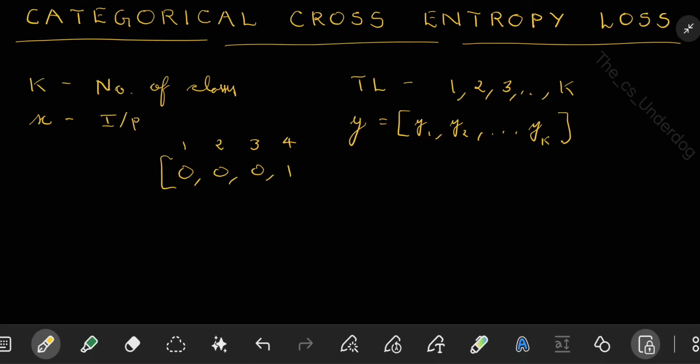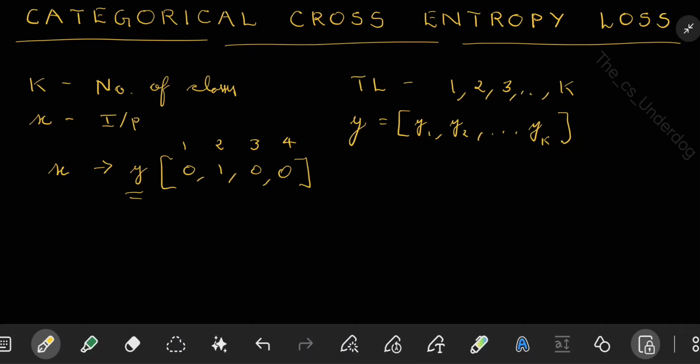So let us say this is your one-hot vector. This means, let us say you have some input x, and corresponding to this x, y, that is your one-hot vector, is this. That means this input belongs to class 4, because in position 4 you have a 1, and all others are 0. Let us say instead it is like this, 0, 1, 0, 0.